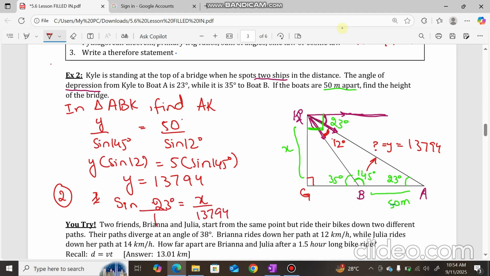By again doing the cross multiplication, you will get x equals, by multiplying, 53.90, maybe 53.90 meters tall. This will be the height. Okay, that's it.